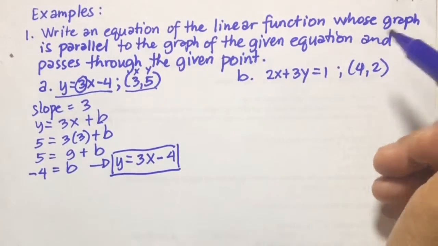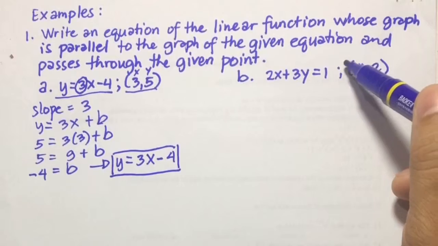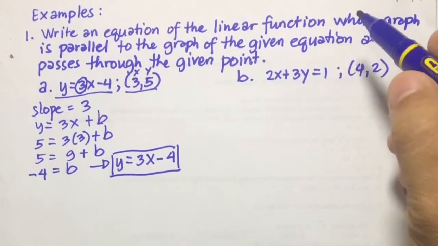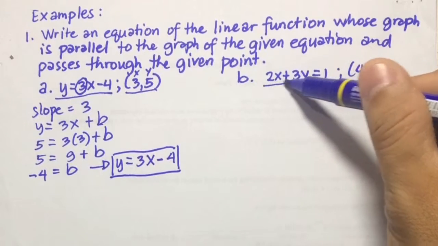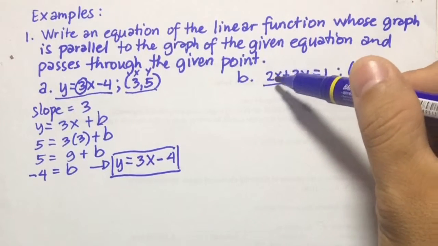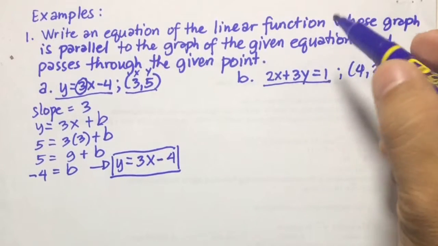Then letter B, 2x plus 3y equals 1 and passes through (4, 2). What we're going to do here is to find the slope. This is standard form, so we're going to write this one in slope-intercept form.